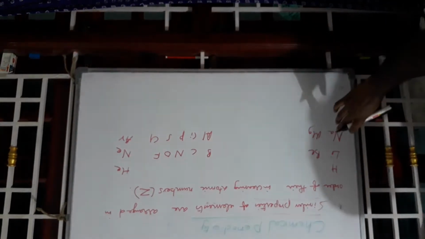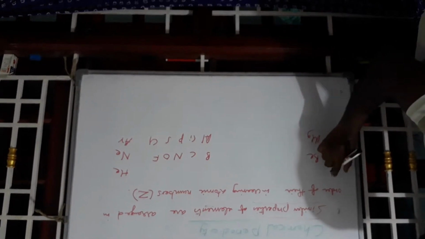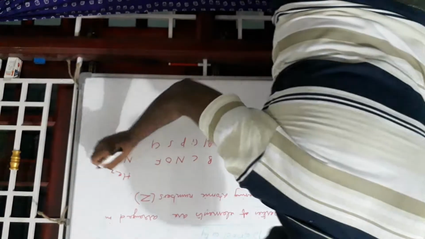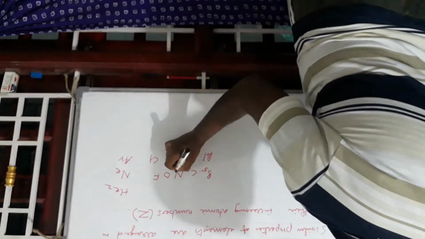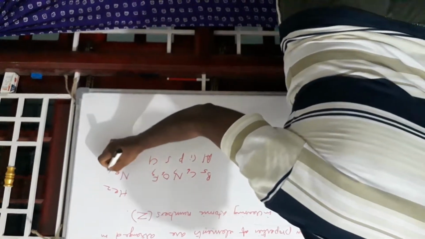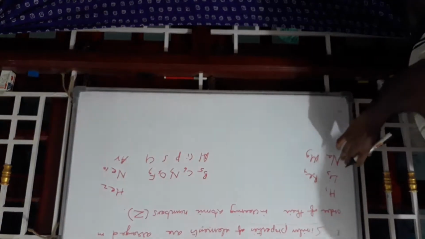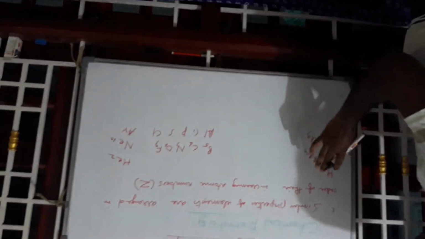Going through these elements, hydrogen is atomic number 1, then 2, 3, 4, 5, 6, 7, 8, 9, 10. So this is increasing order.